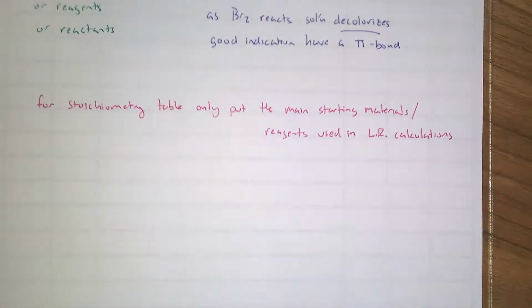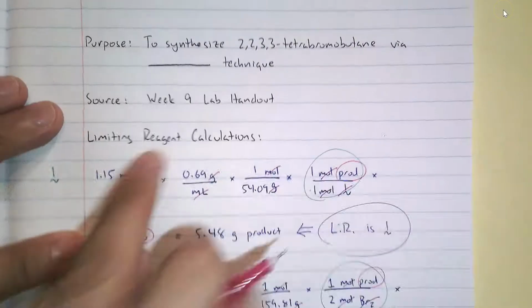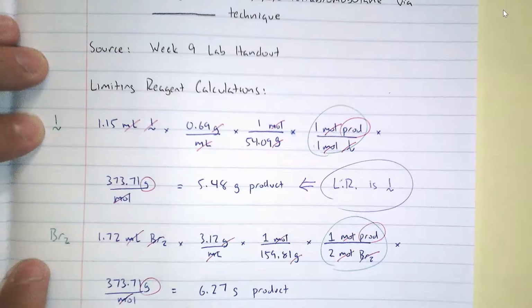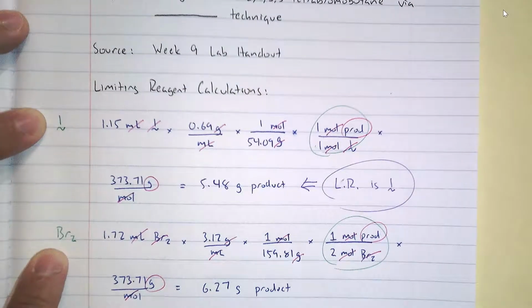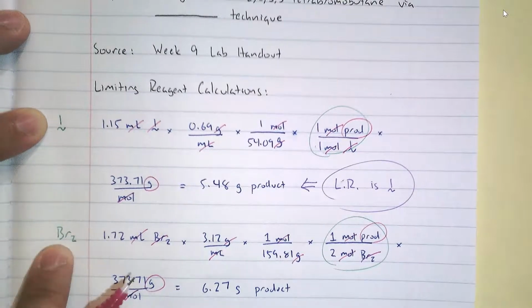And thus, since we figured out the limiting reagent calculations and we used both of these compounds, both of those compounds have to be in the table, and only these 2 compounds.